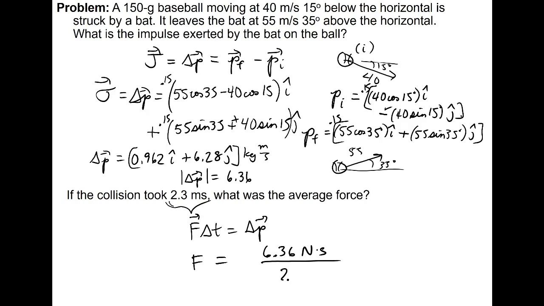Divide that by 2.3 times 10 to the minus 3 seconds, and you get a force of about 2,800 newtons or so. And that's just the magnitude. If you wanted the actual direction of the force, you would have to do i and j hat components, so we're not going to do that right now.